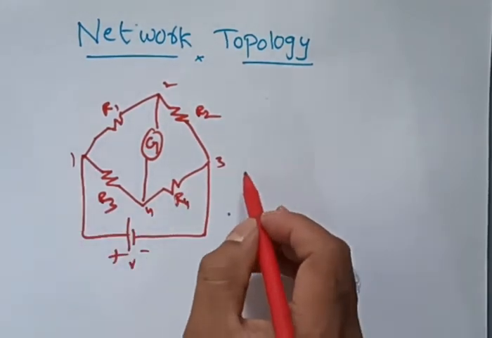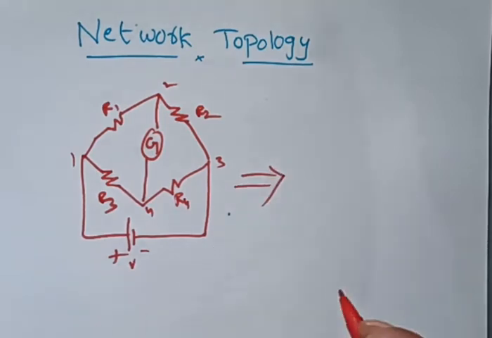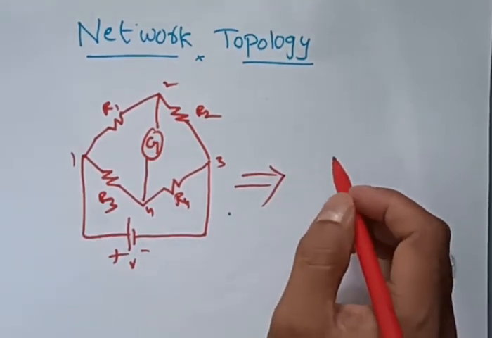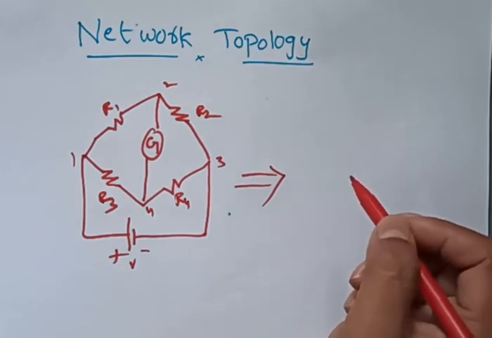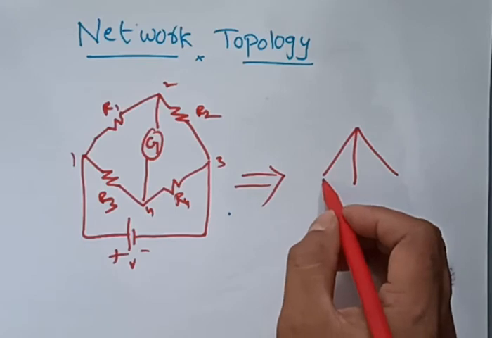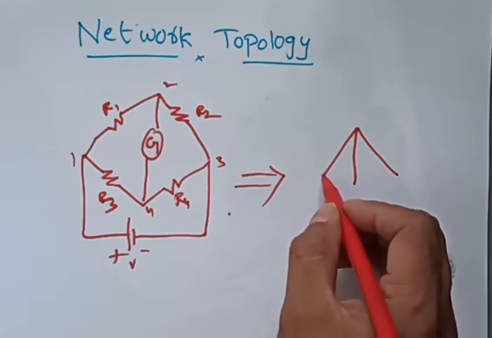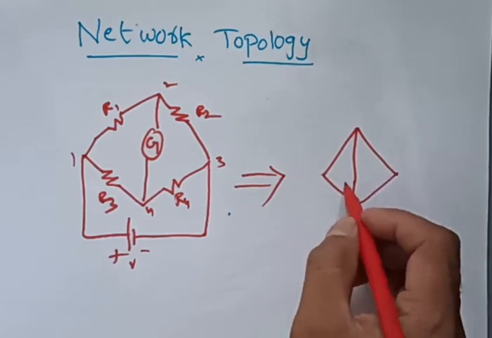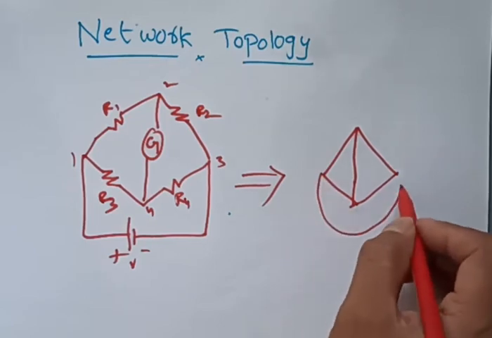Now we have to convert this network into a graph by drawing simple straight lines. Wherever elements are present in the network, they can be drawn simply as straight lines in the graph.